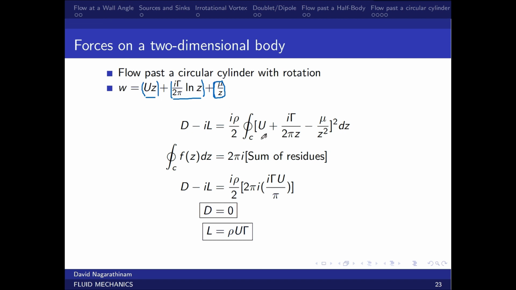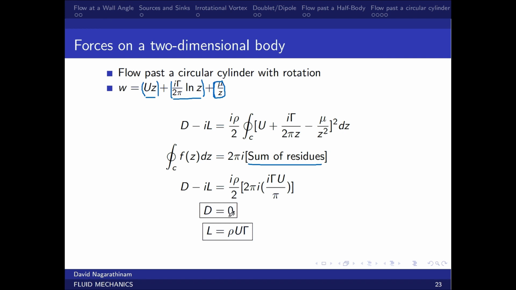In such a scenario, we learned that the closed integral of f of z dz is essentially going to be 2 pi i times the sum of residues.